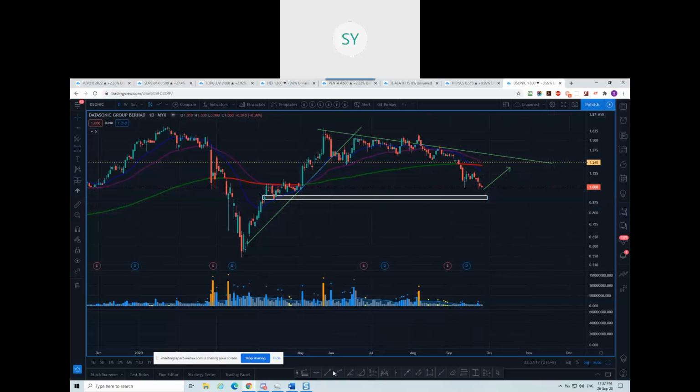But the thing is that the volume is very low. So maybe this one also needs to watch the Vivo line. Fibonacci is very close, 0.935.